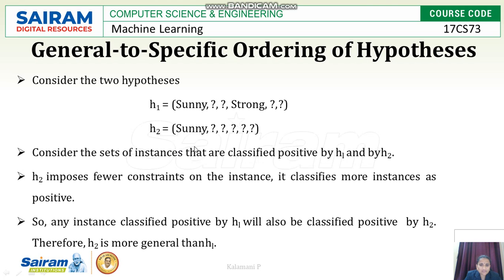So now we take the instances that are classified positive by H1 and H2. H2 imposes fewer constraints on the instances, and it classifies more instances as positive. That means H2 is more general than H1. That is the main thing.